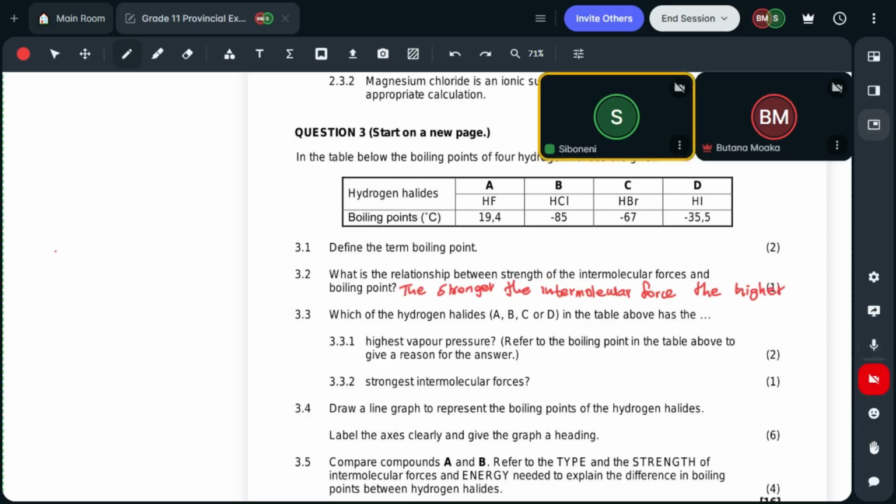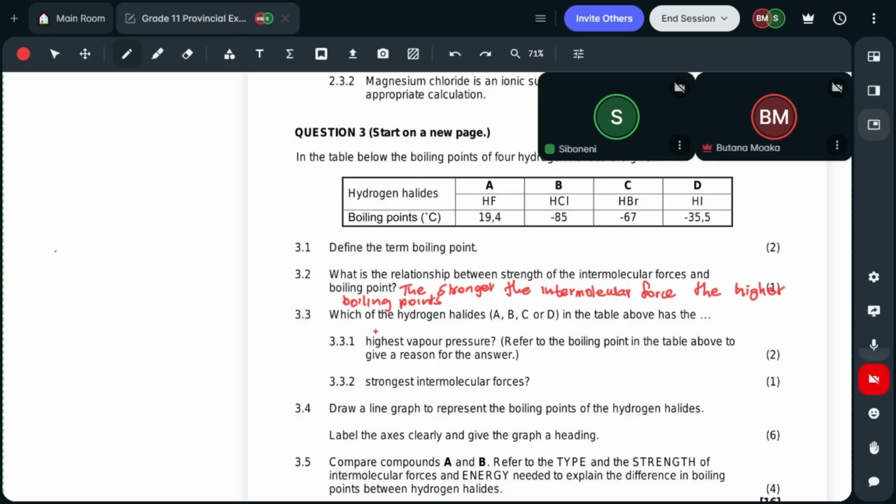So on this table, the one that has the stronger molecule is the one that has the higher boiling point. And the reason for this is that more energy is needed to separate molecules.